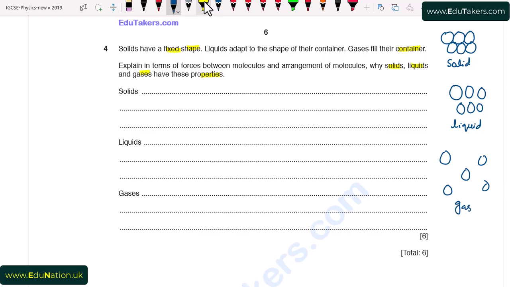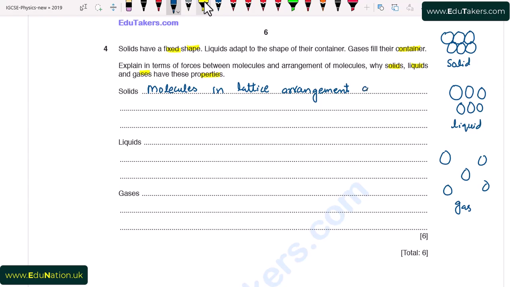So I write here solids: molecules in lattice arrangement. It means that the molecules are regularly arranged.